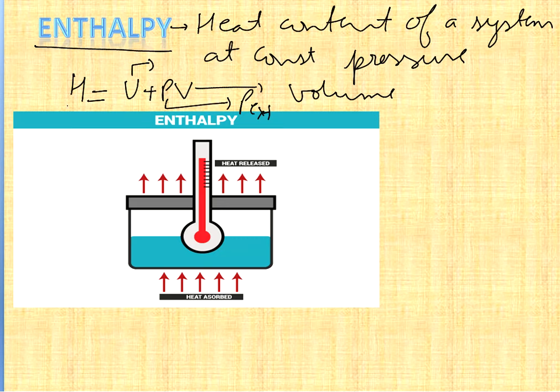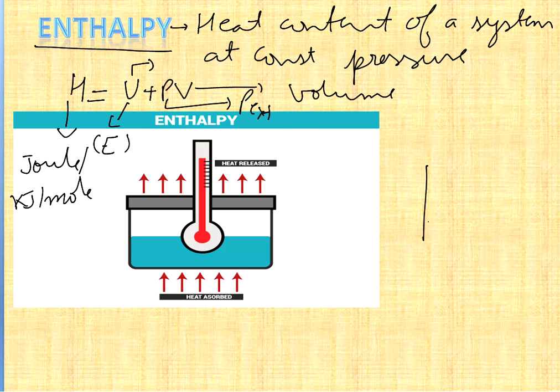The SI unit of enthalpy is joule or kJ per mole, because it is how much work is done in 1 mole or 2 moles. Internal energy can also be represented as E in some books.